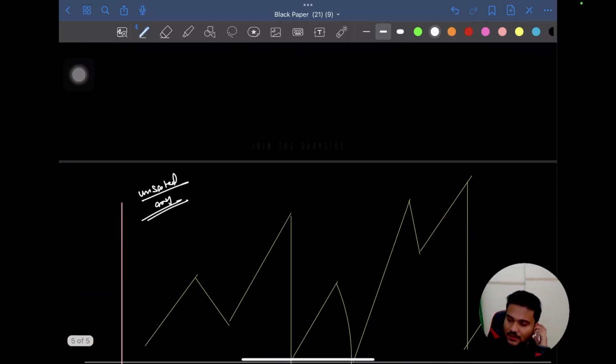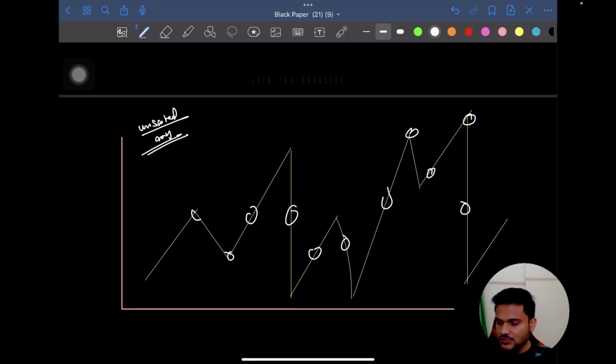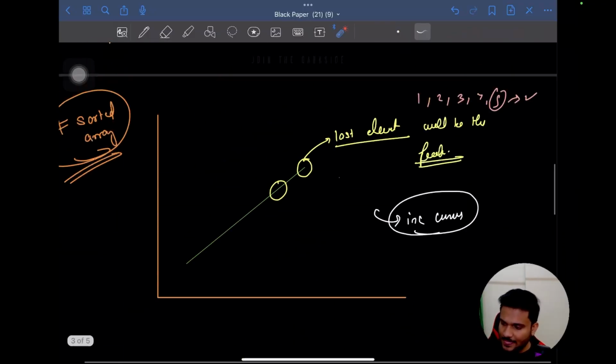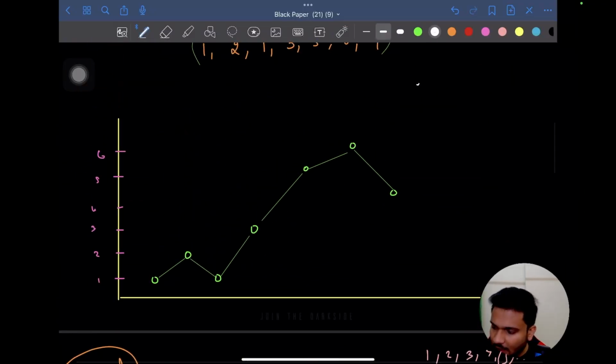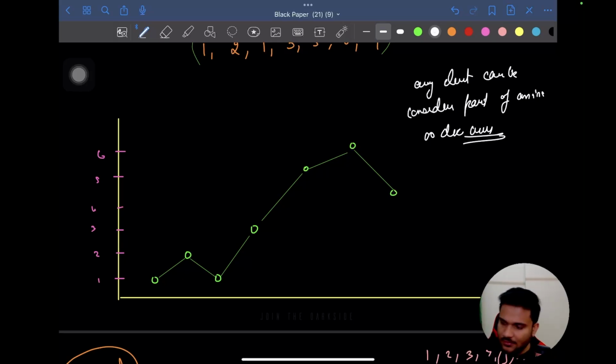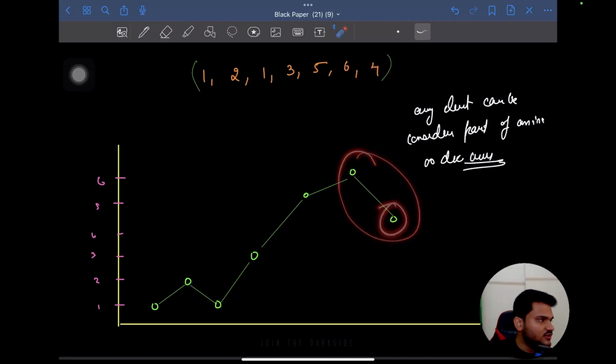So if you randomly pick an element anywhere, it is going to be part of either an increasing curve or a decreasing curve. Can I say that? Every element can be considered part of an increasing or decreasing curve. For example, if I take this 4, can I say 4 is a part of the decreasing curve?